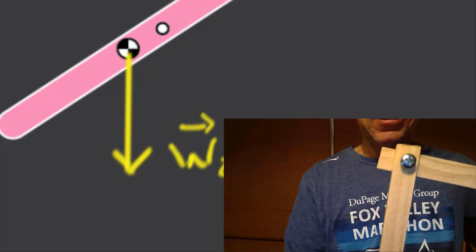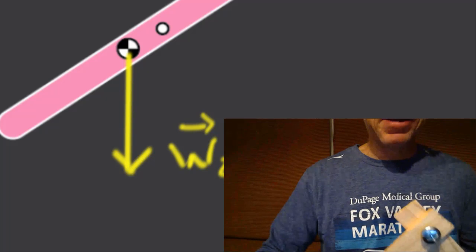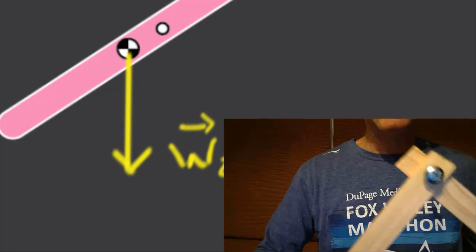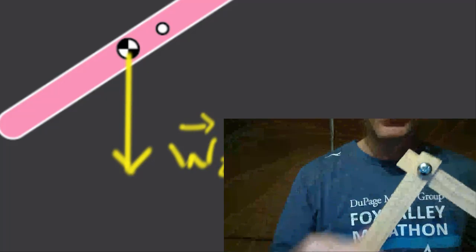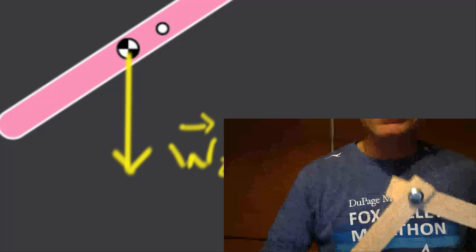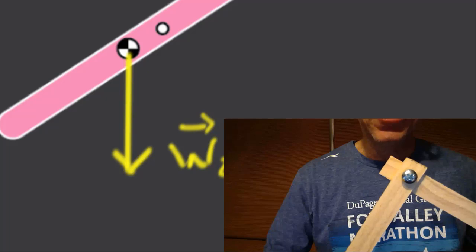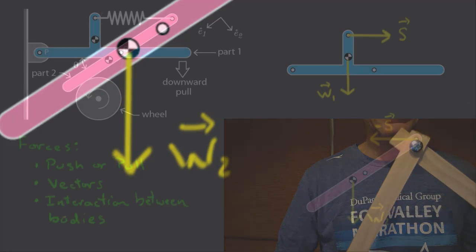And really, up and down, left and right aren't important. They could be at 45-degree angles, right? The important point is that the forces between these two pieces are somewhere in the plane, in magnitudes that are necessary to keep these two objects from moving relative to each other, right? That's what the pin joint does.